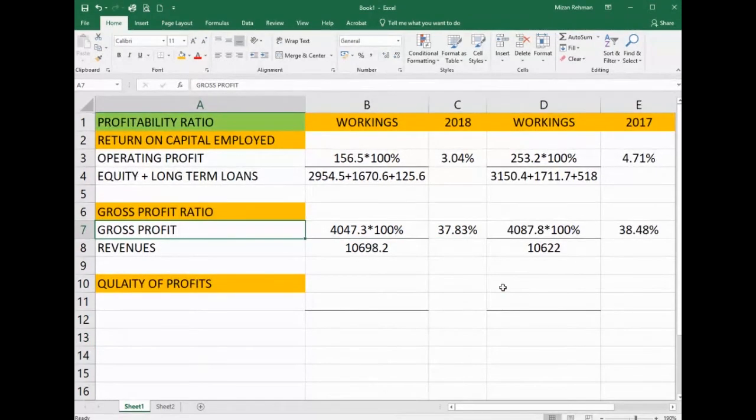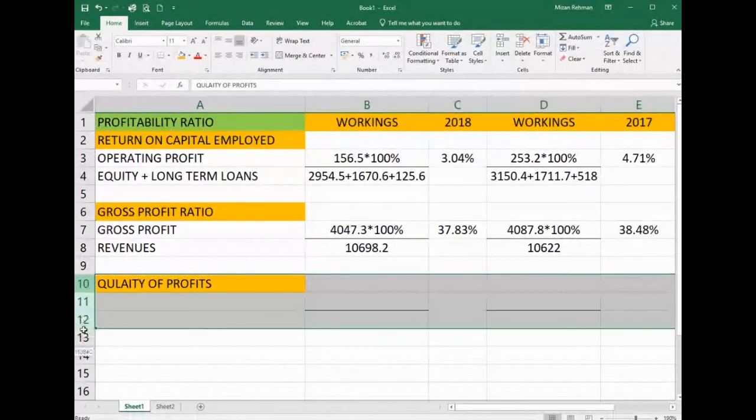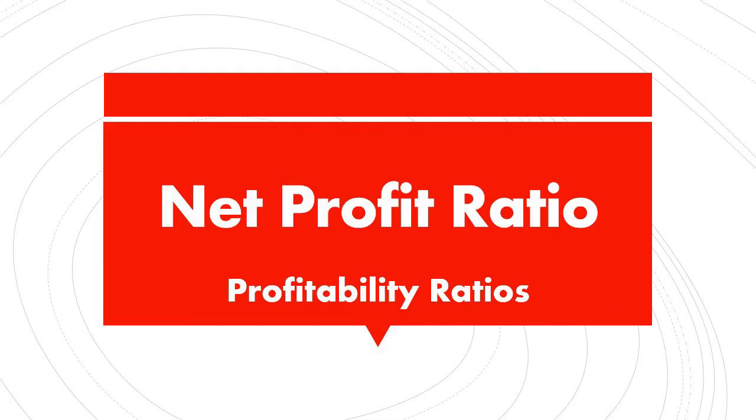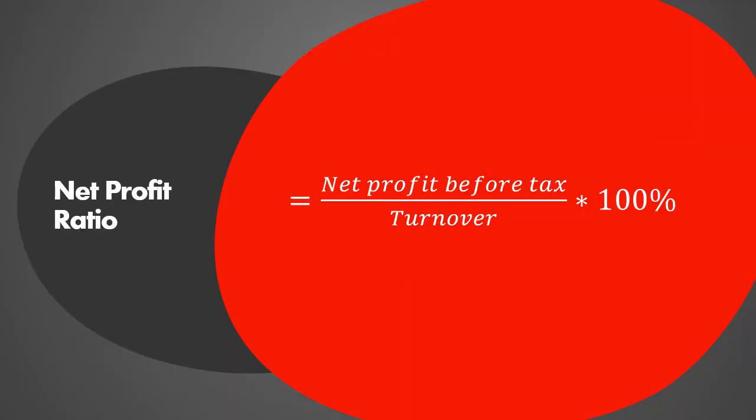We will apply the same process to discuss this result further as we have done in ROCE. The next ratio which we are going to do is our net profit ratio. Net profit before tax divided by turnover times 100%. Both of these figures are available in the income statement, so we will go to the income statement to look for these figures.